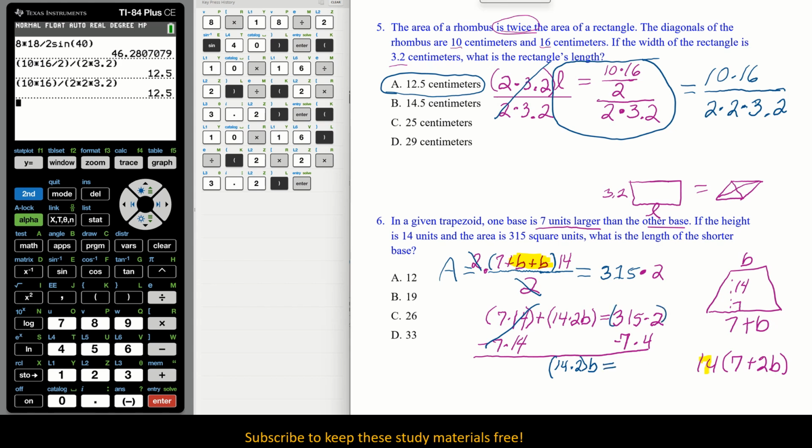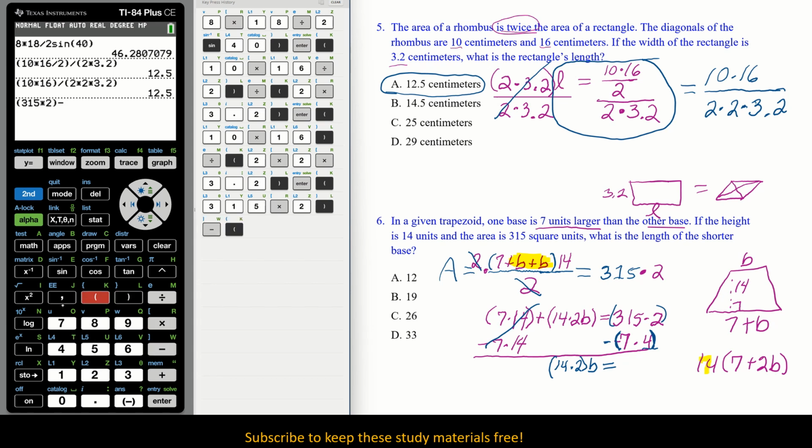There it is. It's a little messy. So let's deal with that. In parentheses, 315 times the 2, close the parentheses, and subtract, more parentheses, 7 times, oh, that's supposed to be 14, not a 4.